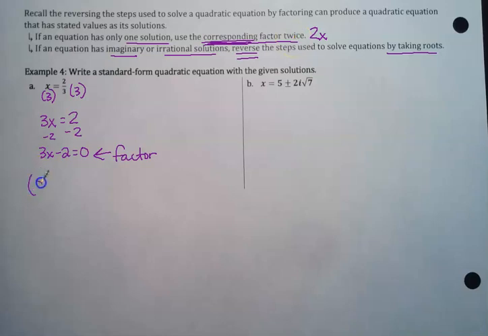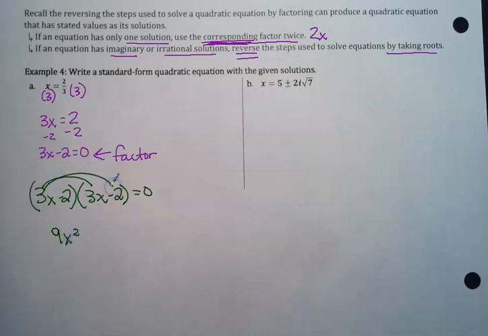So I'm going to take this 3x minus 2 quantity, and I'm going to use it twice. And then I'm going to FOIL. So 3x times 3x is 9x squared. 3x times negative 2 is negative 6x.